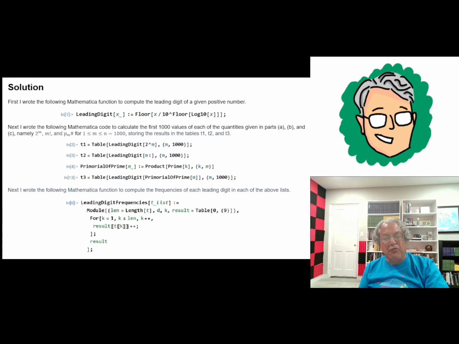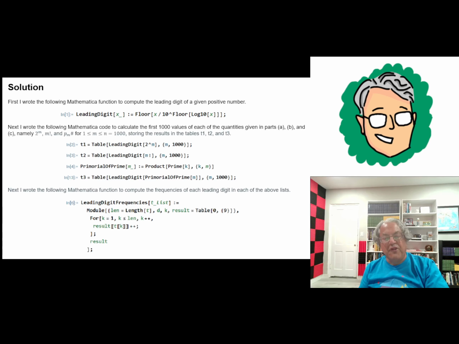Primorial prime m, that would be p sub m, number symbol, is just the product of the k-th prime, k ranging from 1 to m. So for instance, primorial prime 1 would be 2, primorial prime 2 is 2 times 3, which is 6, primorial prime 3 is 2 times 3 times 5, which is 30. I think you get the idea.